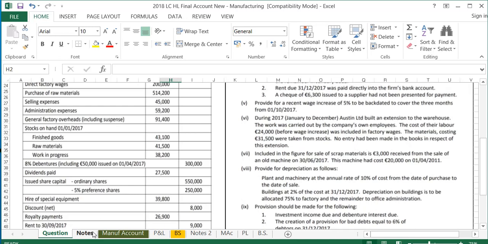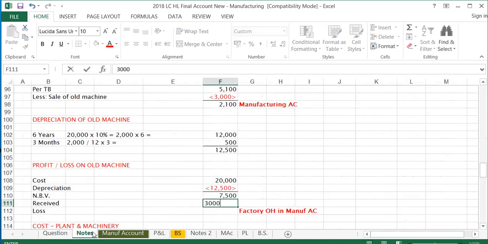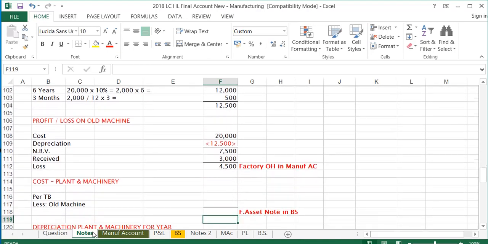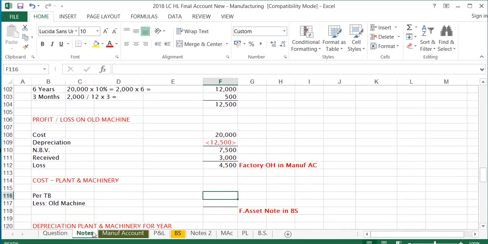So I received 3,000 for it, and it was worth 7,500. So I have made a loss of 4,500 because I received less than what it was worth by 4,500.